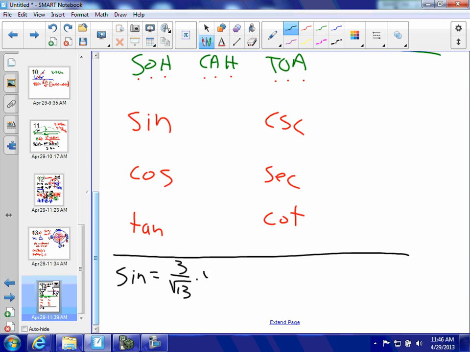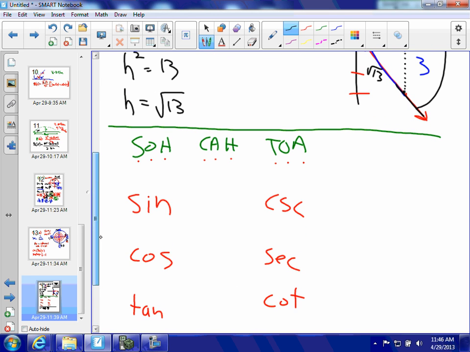I'll multiply by radical 13 over radical 13. That's going to equal 3 radical 13 over 13. So I know that the value is going to be 3 radical 13 over 13.